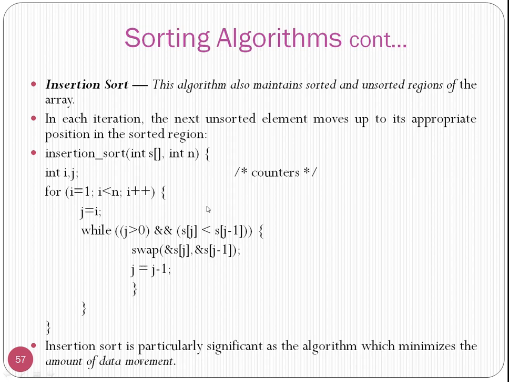If these two conditions are satisfied in the while loop, then only the swap will happen. And what is the swap going to be? Ampersand of s[j], comma, ampersand of s[j minus 1], and j is equal to j minus 1.